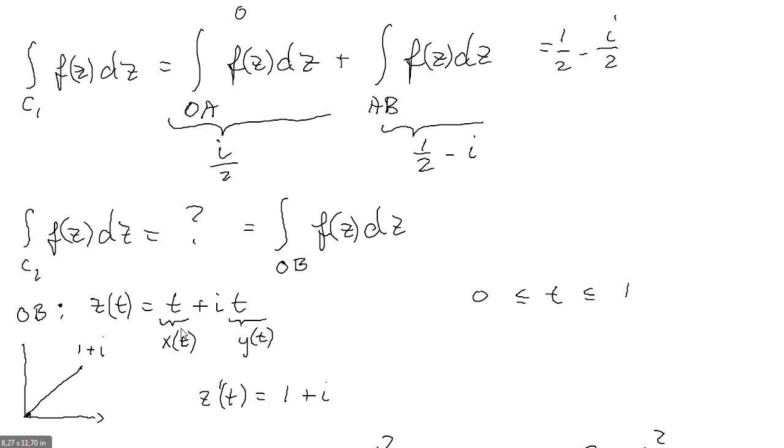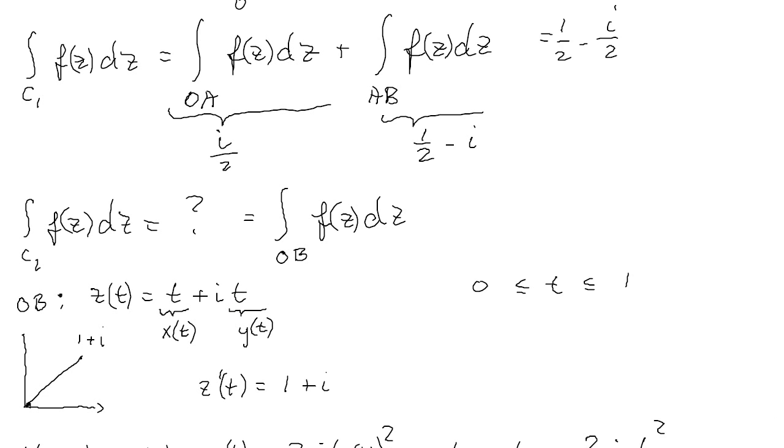Taking the derivative of this curve, noting that the real part x of t is equal to this guy, and the imaginary part y of t is equal to this t, we obtain that the derivative z prime of t is equal to 1 plus i.